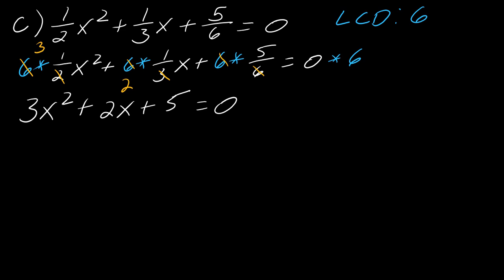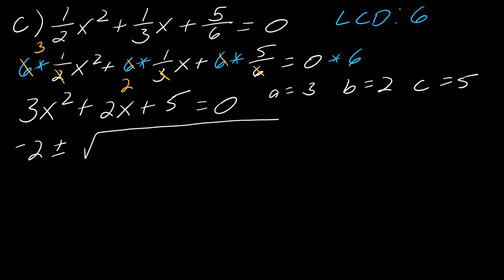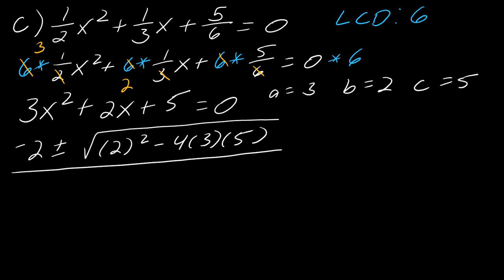And now we can use the quadratic formula. I can see my A is 3, my B is 2, my C is 5. So let's go ahead and do it. This becomes -2 plus or minus the square root of 2 squared minus 4 times 3 times 5, all of that divided by 2 times 3.